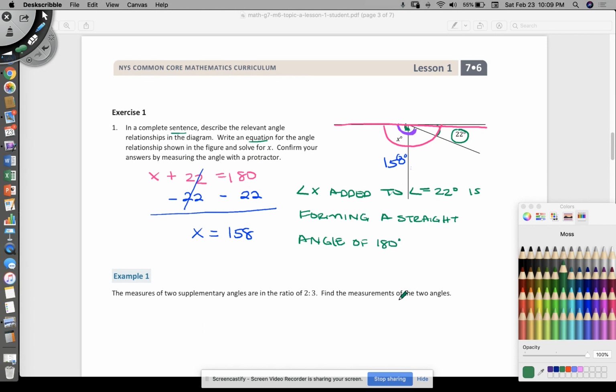All right. Now you could take your protractor and measure this out just to confirm it if you needed to. And what you would see is that this whole measure here that just stops right here at this point, if you were just to measure this angle, this real big one, it would equal 158. All right, let's look at example 1.